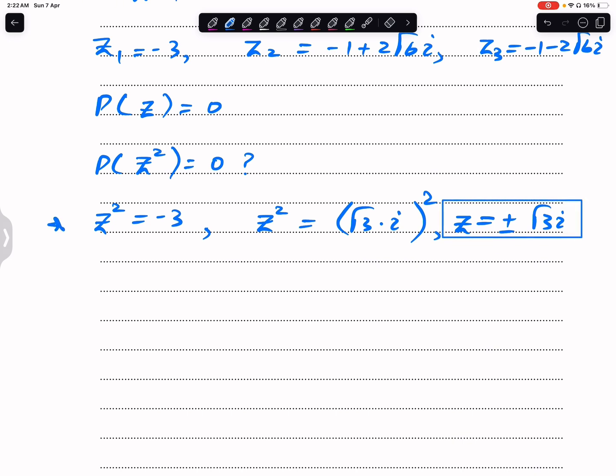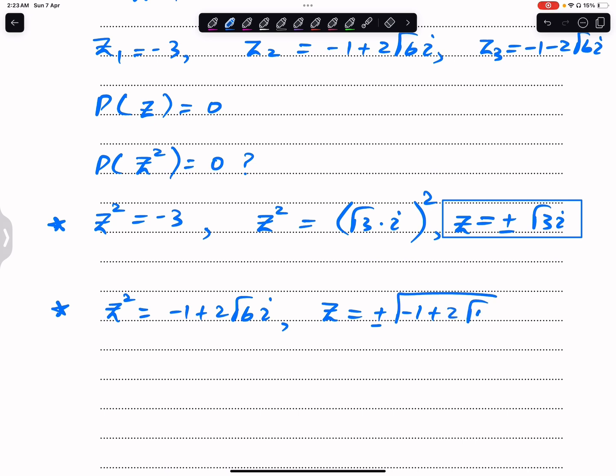Now z² is equal to minus 1 plus 2√6 i. Now I want to find z. So what is the meaning of this? If I want to find z, I will take the square root on both sides. Students, we have studied how to find the square root of a complex number.